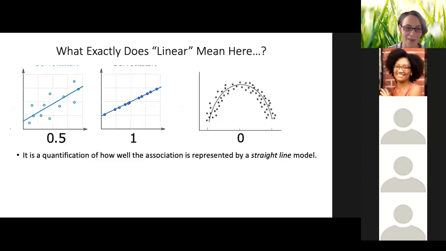Okay, and going back to this idea of what linear means, the famous straight line. You can see here an example where you have a correlation of 0.5. While there is a positive association between the two variables, so if this is one variable and this is the other one here, and you have higher scores on one variable, let's take this data point here, it's relatively high, you also tend to have higher scores on the other variable.